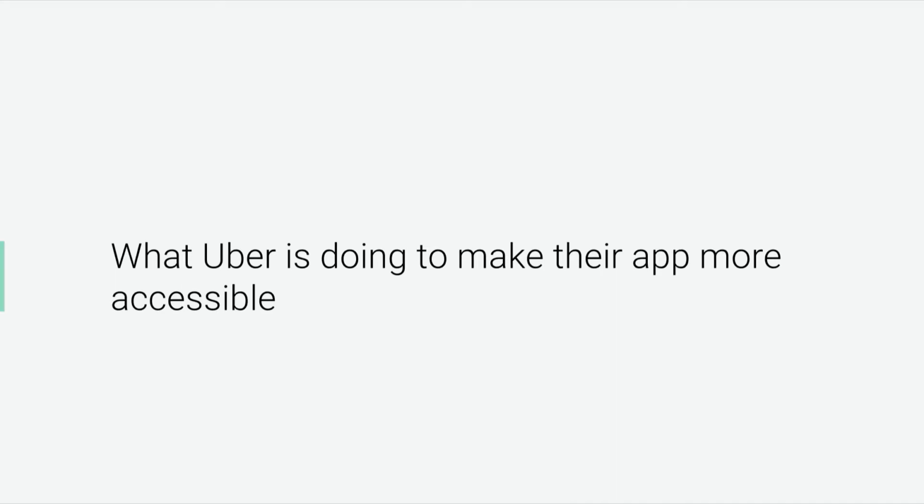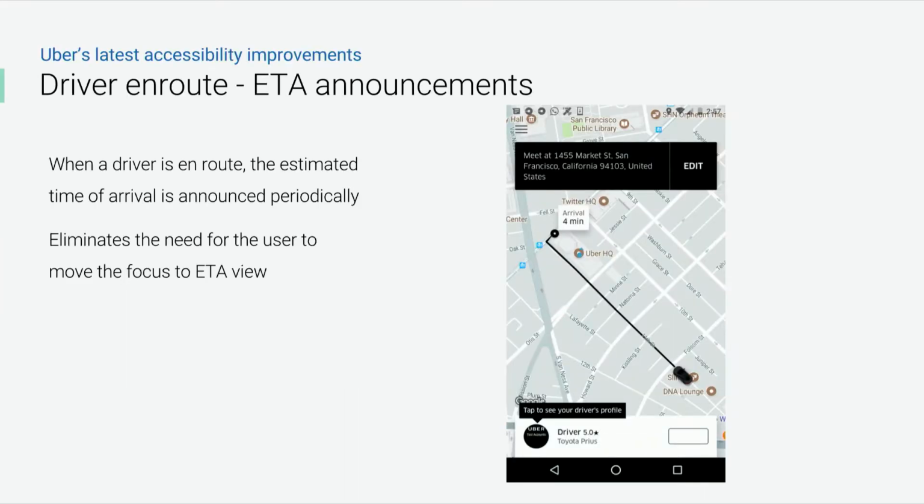So what Uber is doing, what are the unique challenges that Uber faces, the unique kind of accessibility problems, and how we approach accessibility. These slides may not be totally relevant to your use cases, but you can always draw inspiration from what we do. This is a screen that shows that you have requested your car, your driver is en route to pick you up, and it's important that we announce the ETA, the estimated time of arrival.